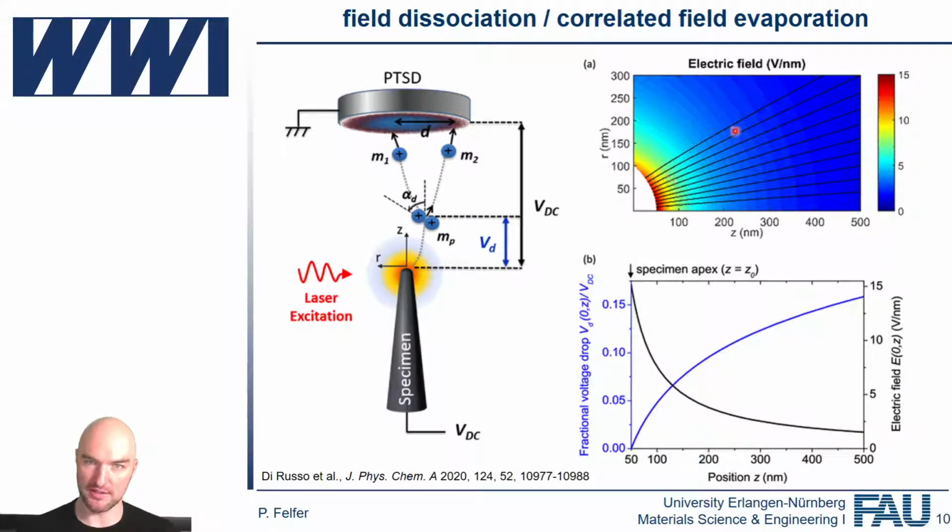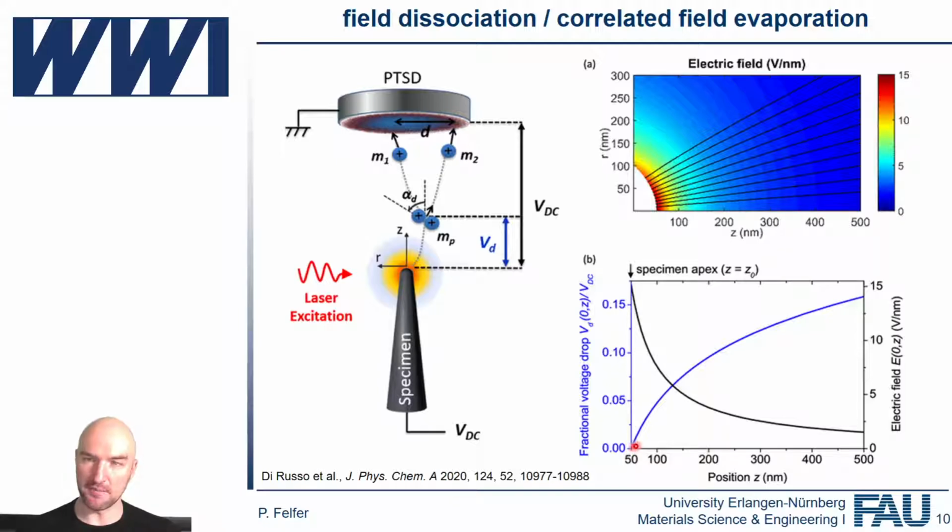So you've just got a sample simulated, and you can ask what my field is in dependence of this coordinate z here, and you will see that up to a position of several hundred nanometers, there is still an appreciable field. So within the first couple of hundred nanometers, there's definitely still some field.